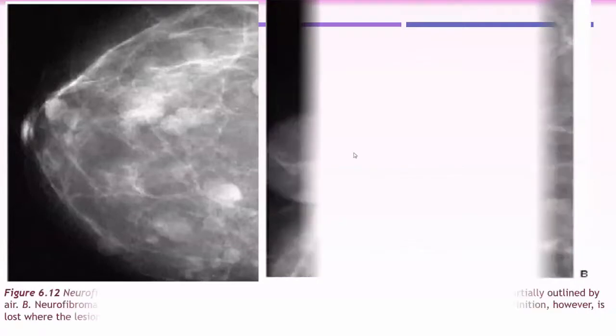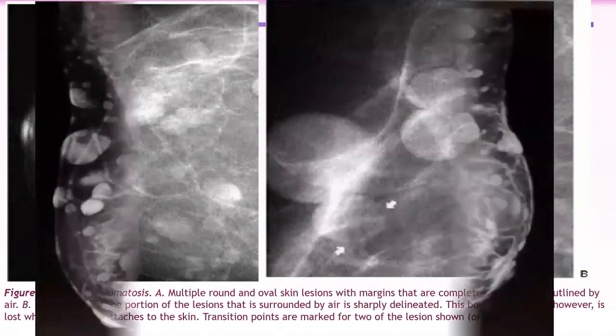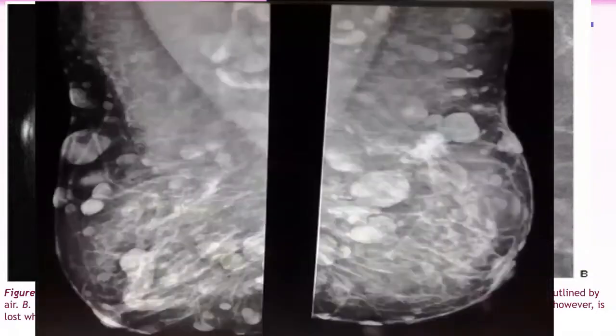You couldn't appreciate peripherally located lesions, but these are sharply demarcated lesions because they are partially or completely surrounded by air, giving a lucent sign. Okay, this is suggesting multiple neurofibromas. Now here these signs are well appreciated. Okay, in a case of neurofibromatosis, they are not usually as well appreciated as in this case.